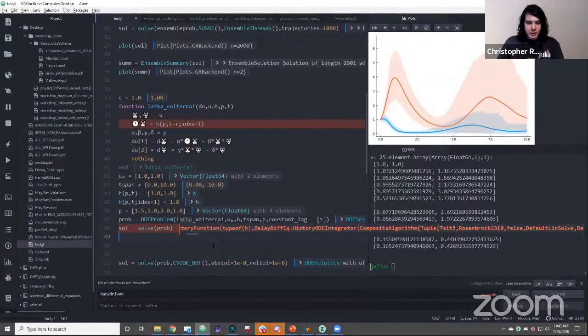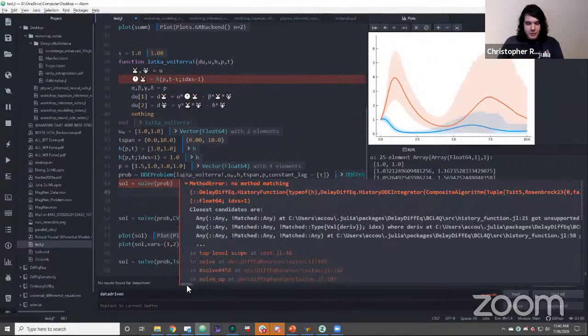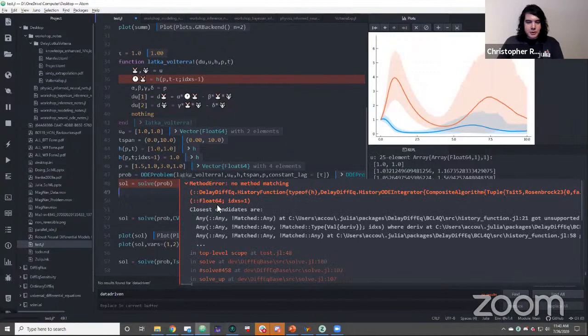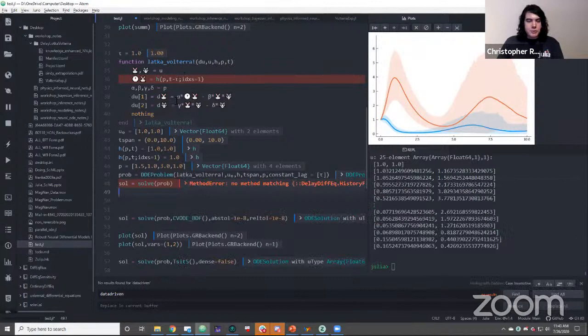Oh, did I not define that? So this is my history function right here, and it's telling me that it's calling it on float 64, and it's not calling it with the parameters because I forgot to reevaluate my function, right?